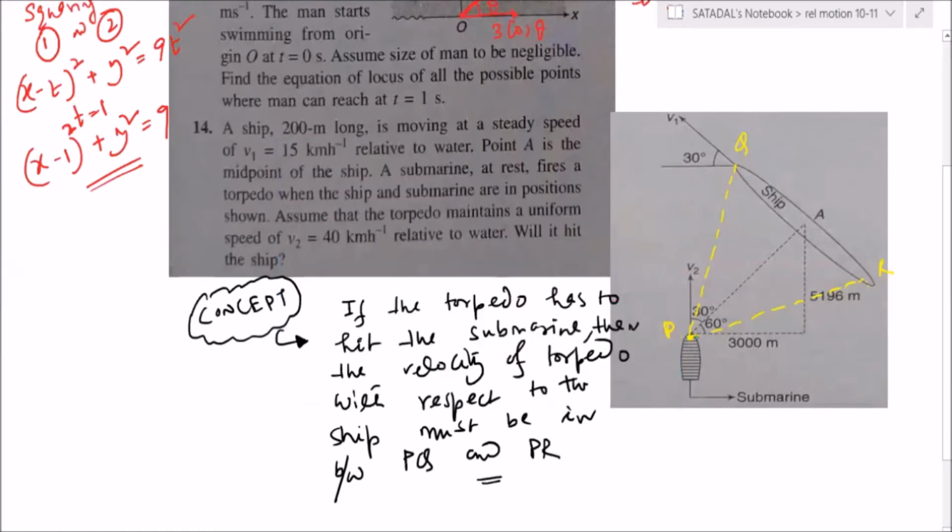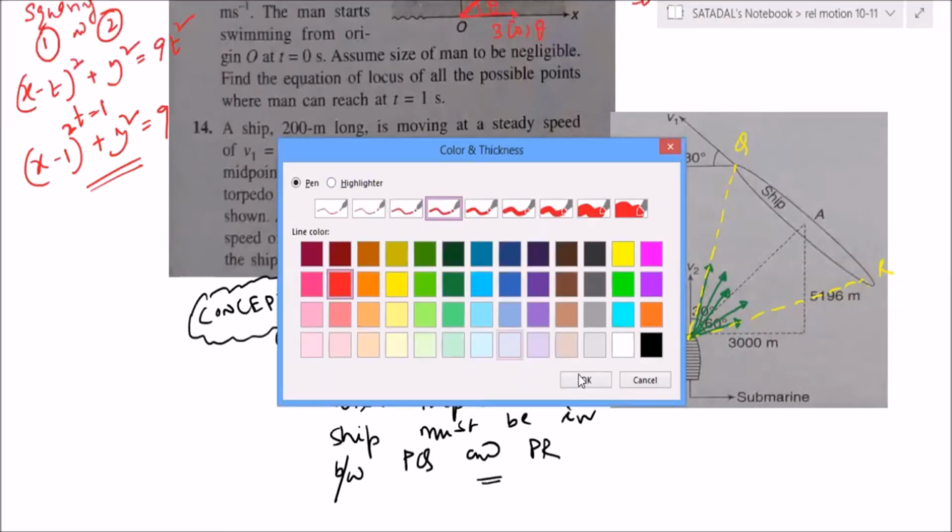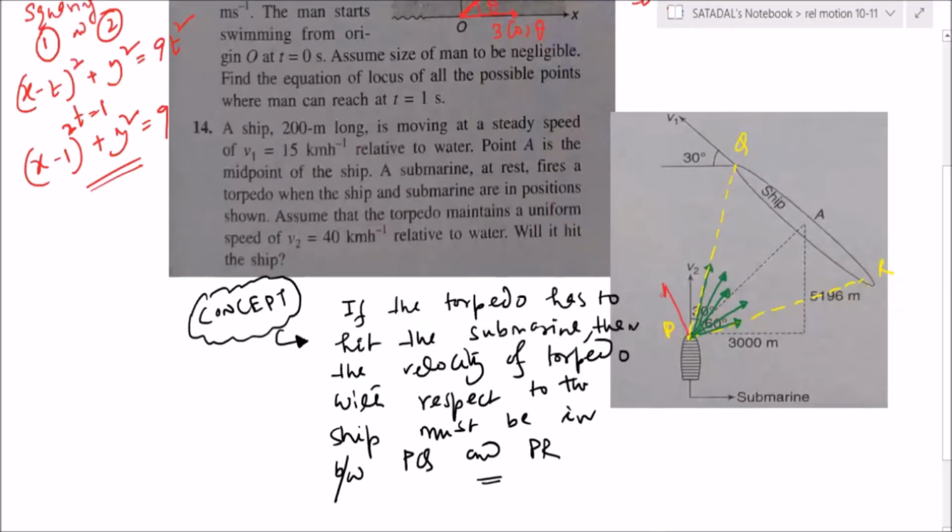Okay, so I'm saying that if the torpedo velocity is along this line, or along this line, or along this line, then the torpedo will hit the ship. But if the torpedo has velocity in this direction, or in this direction, then in all those cases, the torpedo will not hit.